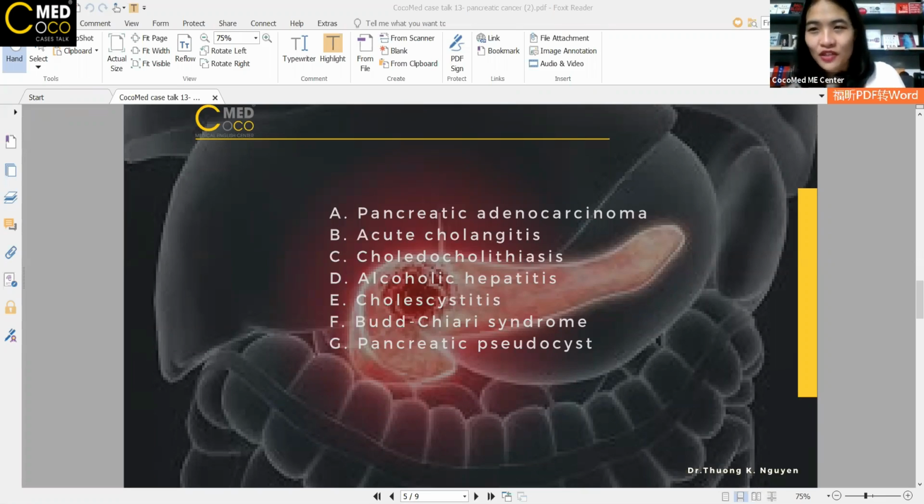That is the reason why in the first question we cannot think about it. It's very unlikely to think about the pancreatic pseudocyst; it's really rare to make compression in the biliary tract. A tumor, on the other hand, can make compression, and you see that in this case the patient has it.